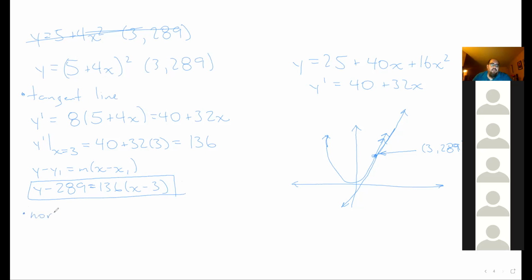Then you also ask about the normal line. So what's the normal line? Do you know what that term means? No. We've done an example or two of this in class, but basically the normal line is perpendicular to the tangent.